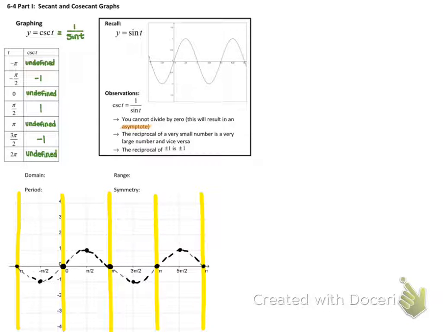So it'll make a little more sense when I actually graph it. That means I'm going to have a vertex at negative pi over 2, at pi over 2, at 3 pi over 2, and at 5 pi over 2. And this is how we graph it.